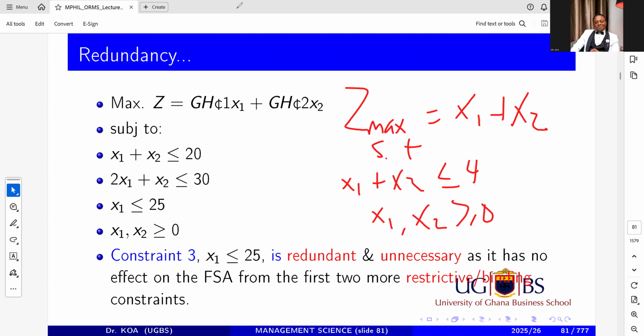I was just looking at some questions, and I've asked you this question on infeasibility. Okay, so let me see.